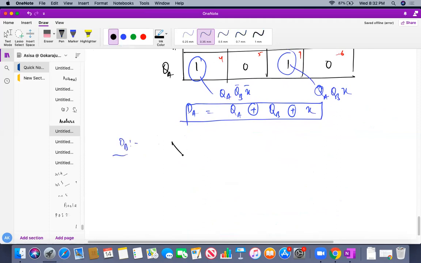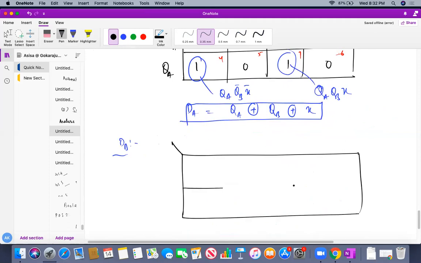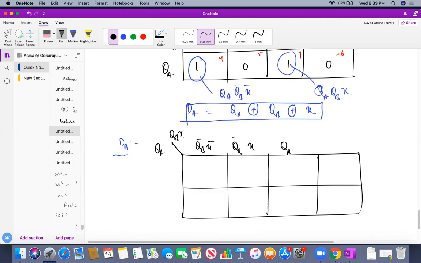Next we can find out DB the same way. It's also a 3 variable K-map, so you can take this 3 variable K-map to solve it. It also requires 8 cells. So this is QA QB and X. So this is QB bar X bar, QB bar X, QB X, QB X bar, and this is QA bar, QA.